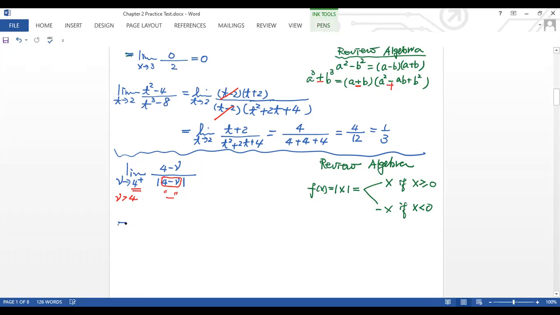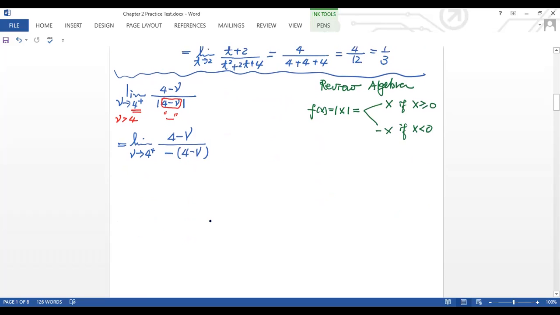Now, how do I break it? I say the limit for the 4. The top is already out, I don't need to worry about it. So this is 4 minus v. Remember, because the inside is negative, if I want to break out the absolute value, I need to put a negative on 4 minus v, correct?